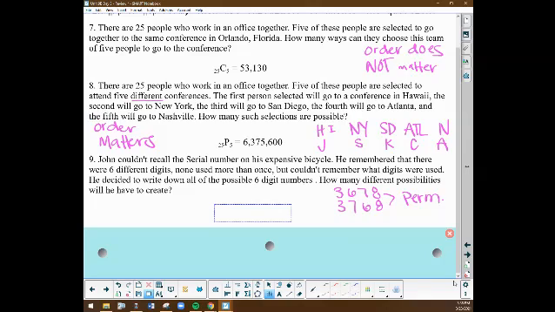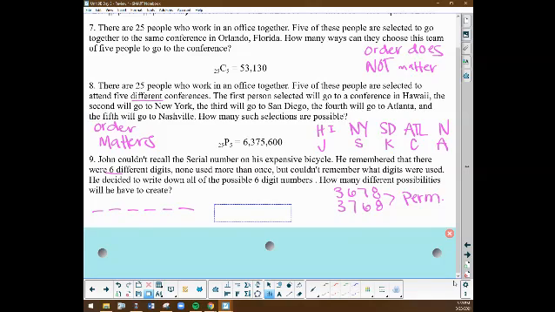But the tricky thing is knowing how many we can choose from. There are 6 spaces. You remember that there are 6 different digits. None of them were used more than once. He couldn't remember what digits were used. He decided to write down all of the possible 6-digit numbers. So we've got 1, 2, 3, 4, 5, 6 different spaces.